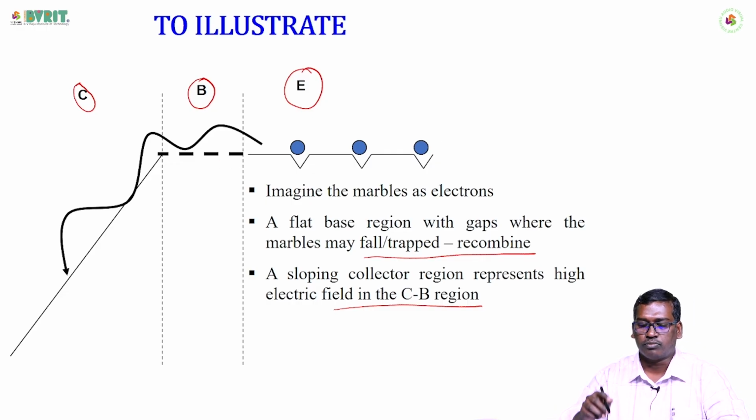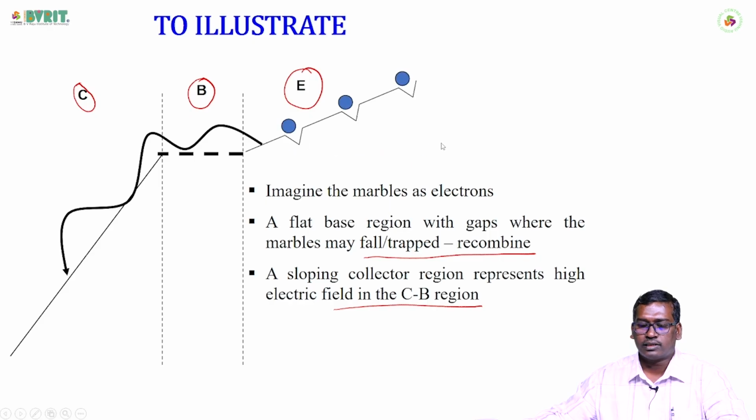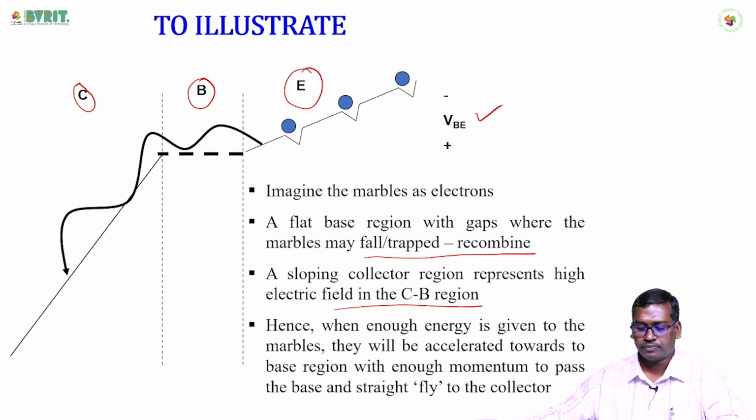We are imagining that marbles are the electrons, and here the marble has moved up. The reason is that we applied some base emitter voltage, which is the forward voltage. When this voltage is applied, the electrons get some energy. Hence, when enough energy is given to the marbles, they will be accelerated towards the base region with enough momentum to pass the base and fly straight to the collector.